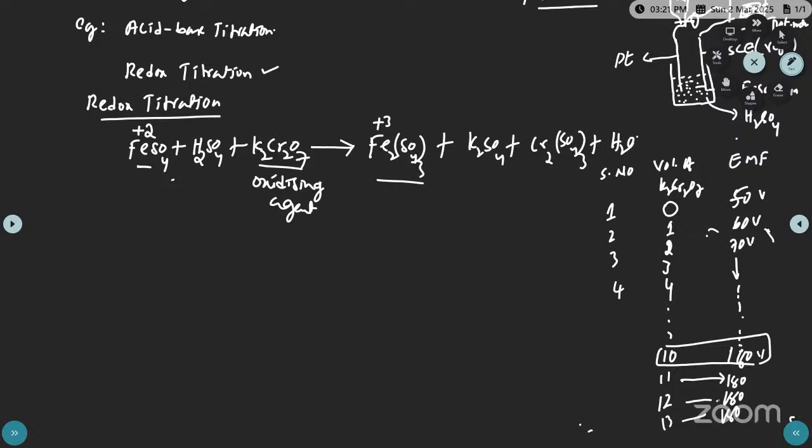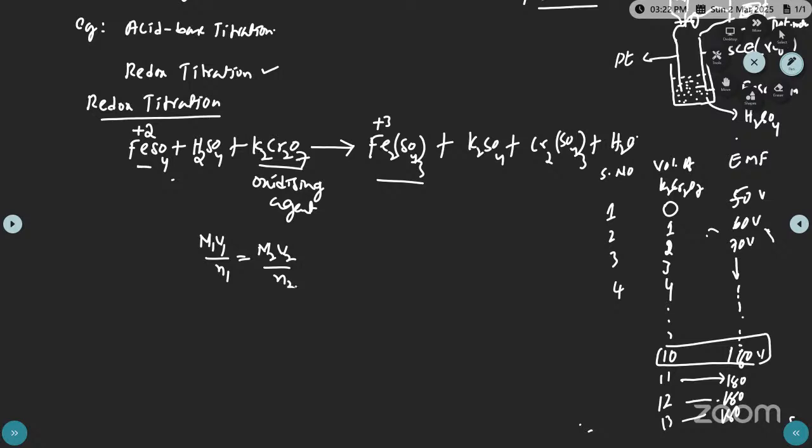For that, what is the formula to calculate the concentration of the unknown solution? M1V1/N1 = M2V2/N2. So by using this formula, we can calculate the concentration of the unknown solution. So this is what potentiometric titration is.